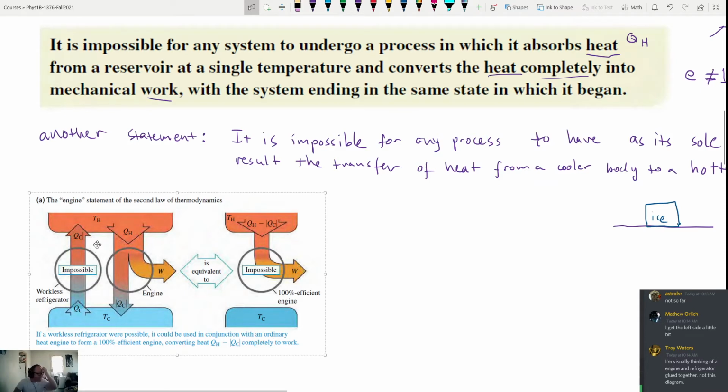What I think is really funny is, yeah, I think that's right, Troy. I think you're supposed to imagine kind of an engine and a refrigerator just using the same two sources here. The thing that's so funny to me is that it's referring to this as the engine statement of the second law of thermodynamics, but it's using a refrigerator to explain it. To me, this statement isn't that hard to understand.